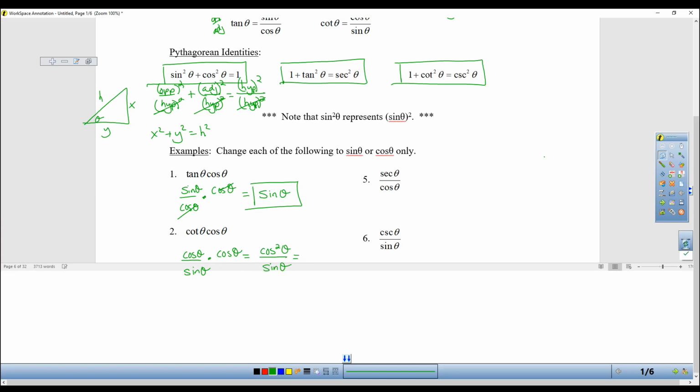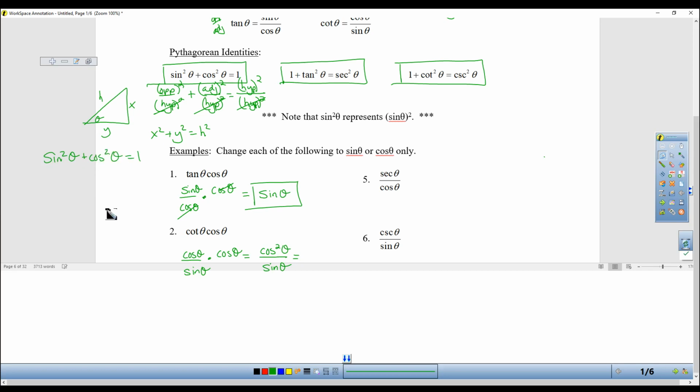I have to make it either sine or cosine, but not a mix. The only way to change a sine to a cosine is if it's squared. If it's squared, you can use this Pythagorean one. I can replace cosine squared with 1 minus sine squared, and I'll show you why. Sine squared plus cosine squared equals 1.